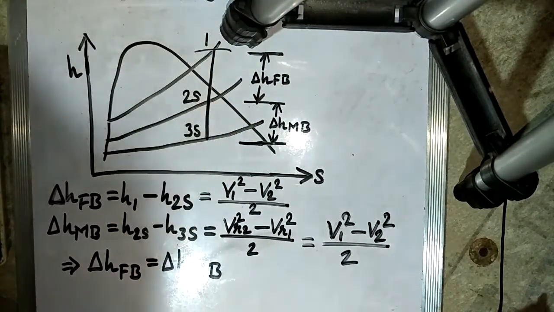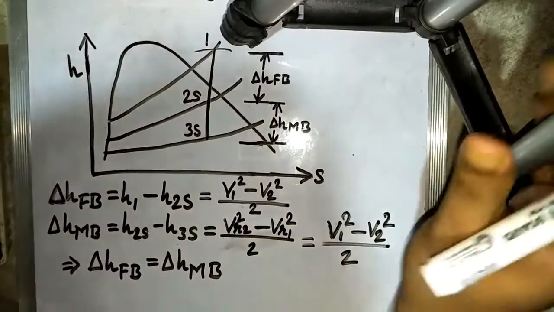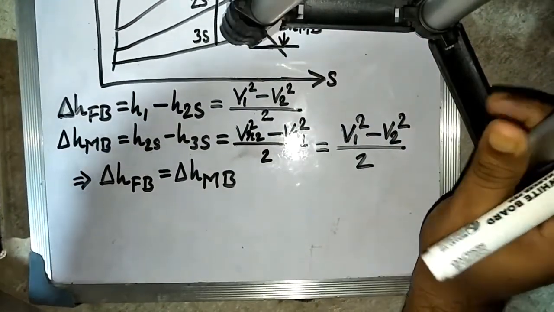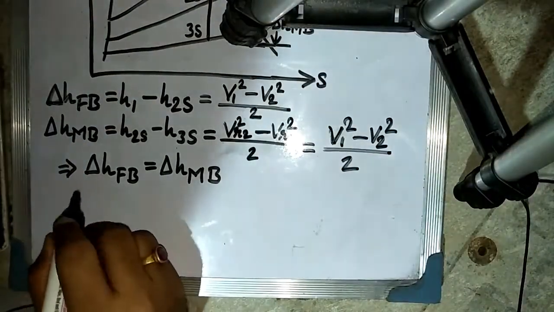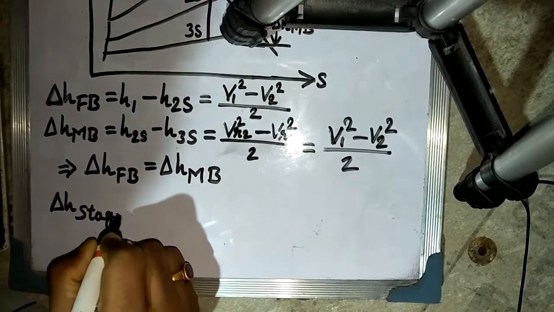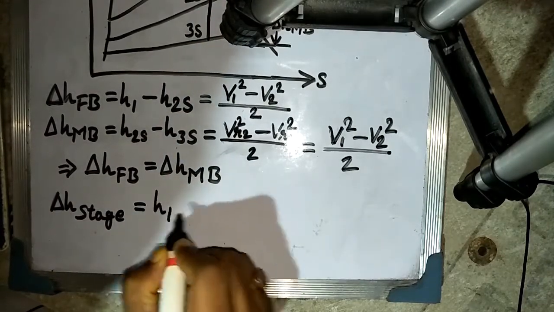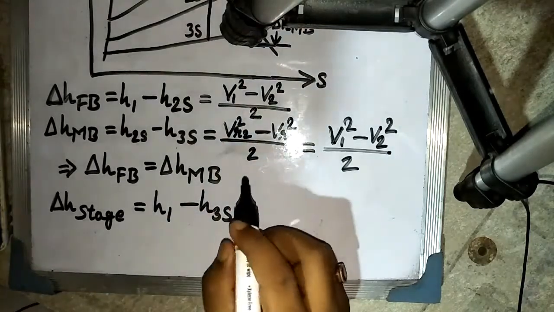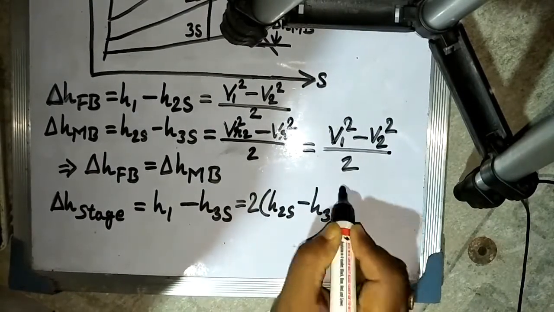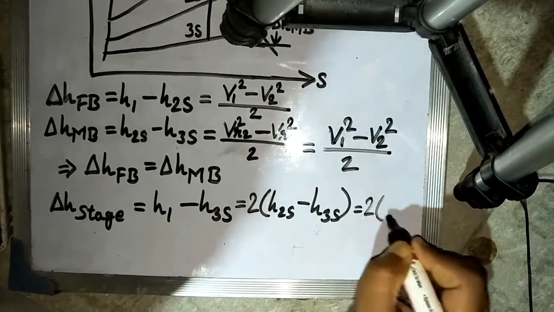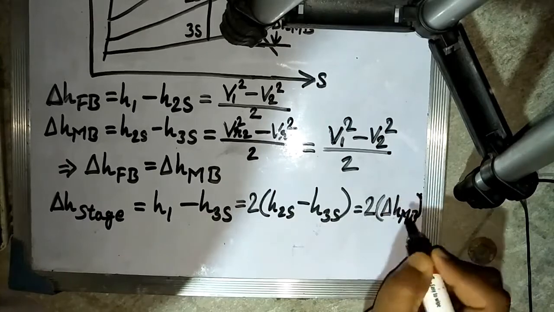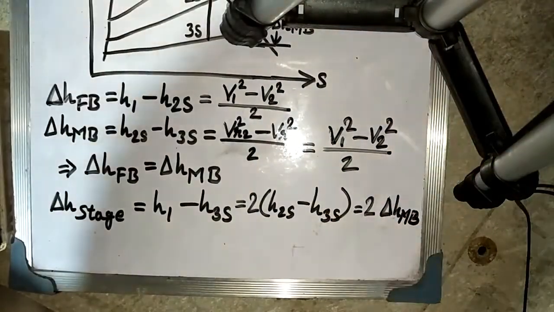Now the total stage enthalpy drop, del H stage, equals H1 minus H3S, or that equals 2 into H2S minus H3S, which equals 2 into the enthalpy drop in the moving blade.